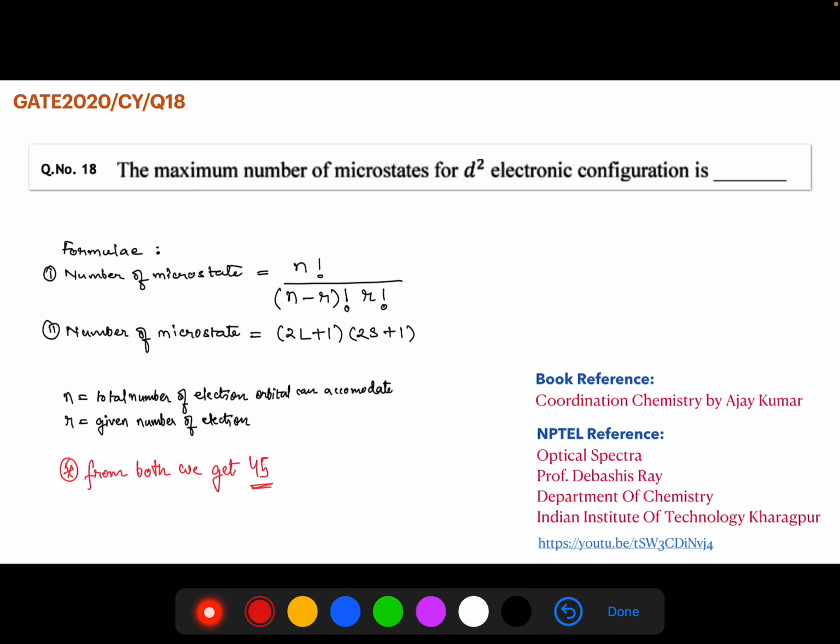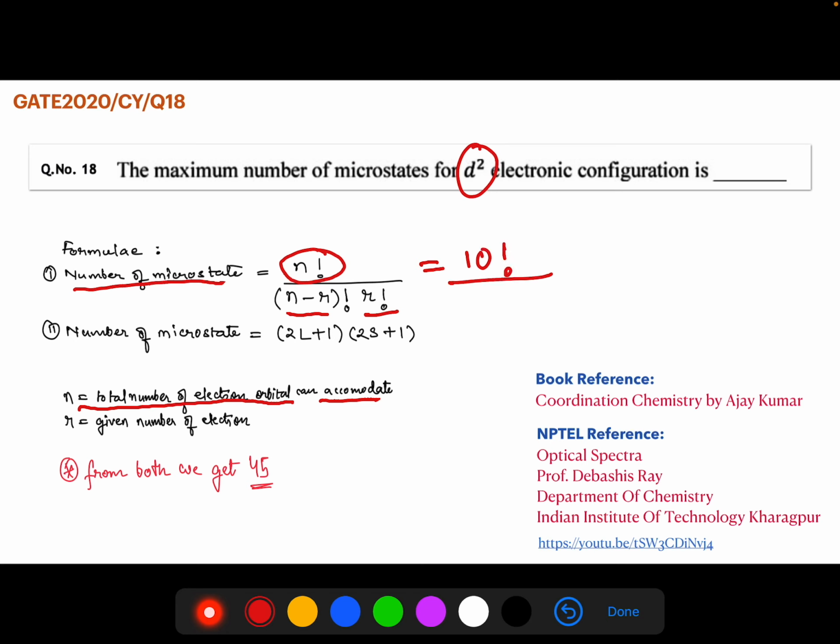So this goes with the formula for the number of microstates: n factorial upon n minus r whole factorial times r factorial, where n is the total number of electrons the orbital can accommodate. So for the case of d2, the total number of electrons that the d orbital can accommodate is 10.